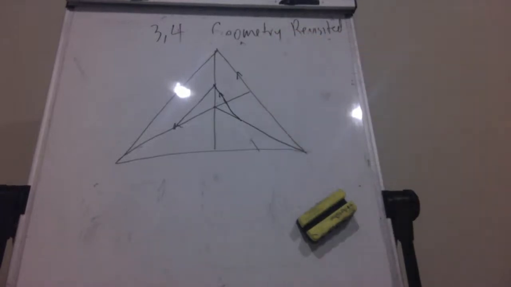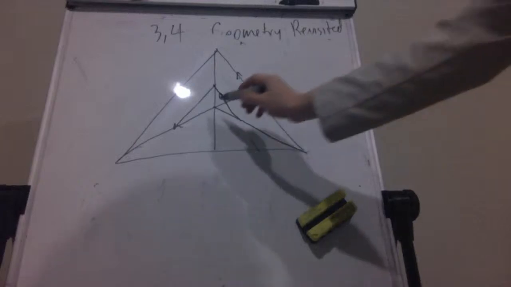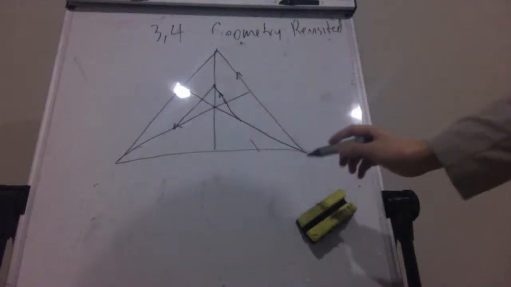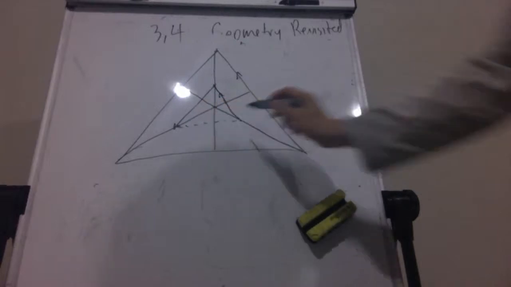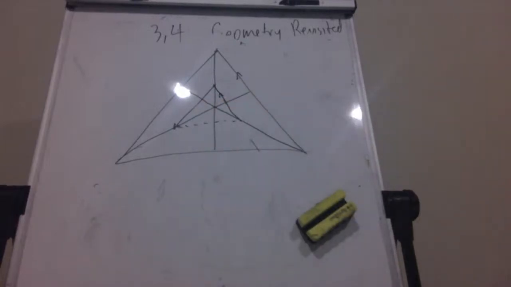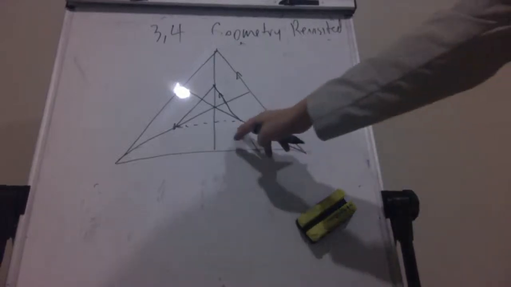And then does it suffice to show this goes there. Does it suffice to show that the line joining these 2 points is parallel to the base? So if you show that, then you show... Oh yeah.